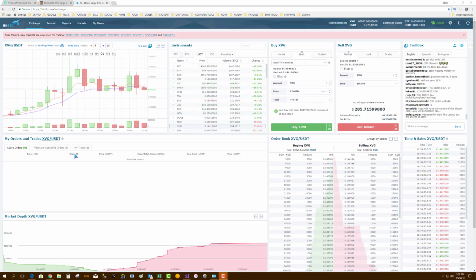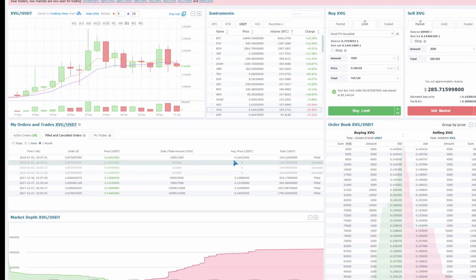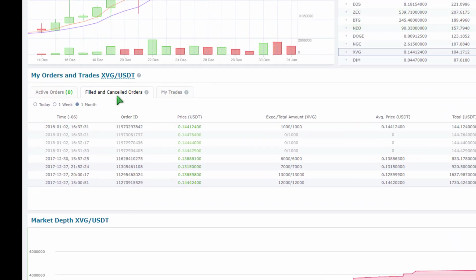Alright, so my order finally went through, and if I click over on filled orders, I can see that I got 1,000 shares at an average price of 0.144124. So I'm going to take that new buy and I'm going to go back to my calculator.